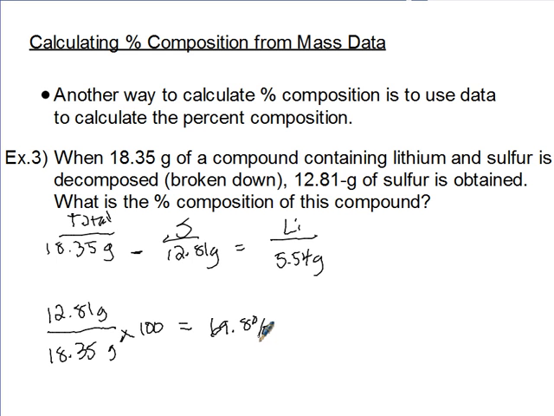All right, so then in order to do lithium, you would do the same thing. So 5.54 grams over 18.35 grams times 100, and that comes out to 30.2% lithium. And you can see that if you add those together, you get a total of 100%.